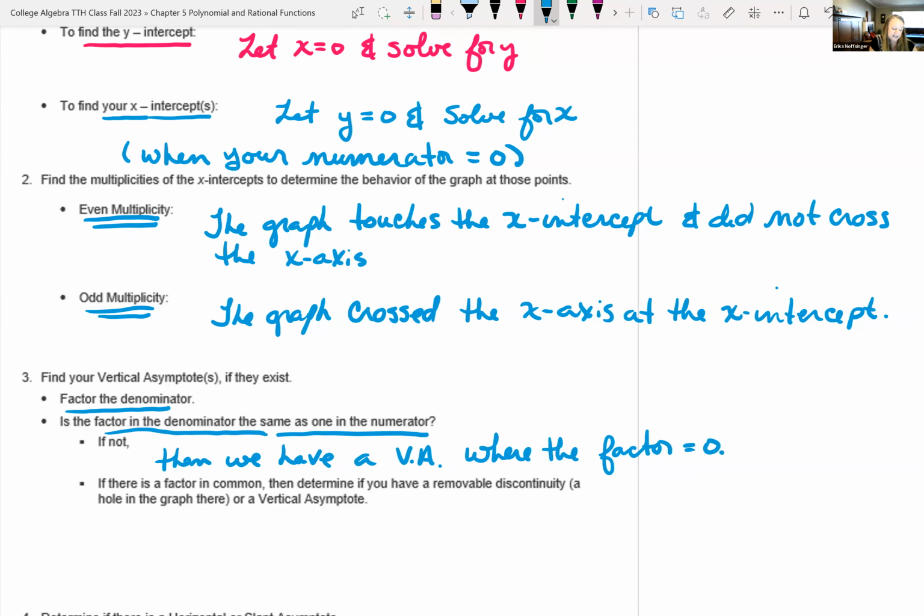If there was a common factor, then we needed to know, was that a removable discontinuity, or was it a vertical asymptote? So if they had a factor in common, we want to determine, is it a removable discontinuity? All the common factors cancel.